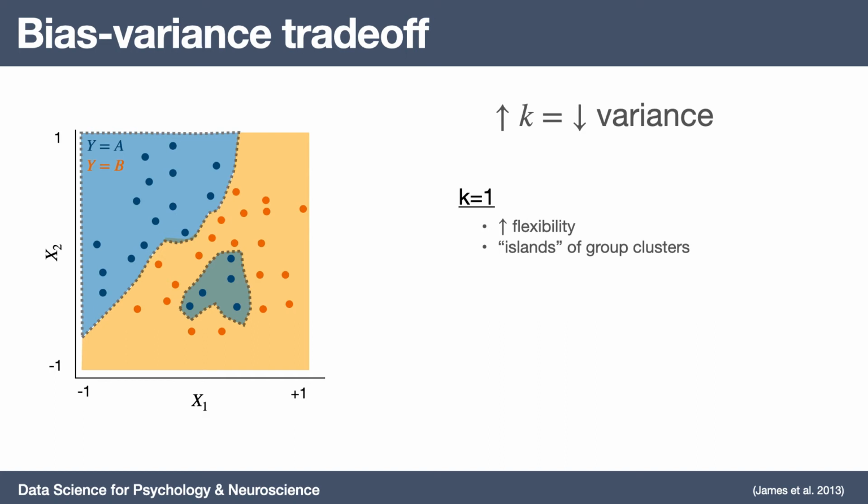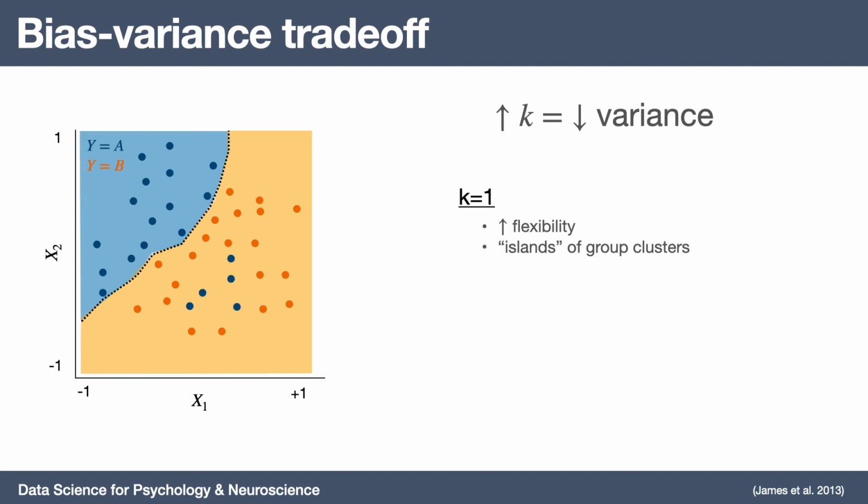This is the most flexible model, which means that its generalizability is fairly low. It can be very sensitive to finding islands of group clusters, like you see here in this example on the left, where there's this little island of blue and a sea of orange. But its generalizability is pretty impaired. It makes it more and more difficult for you to generalize these territories to new observations of x1 and x2.